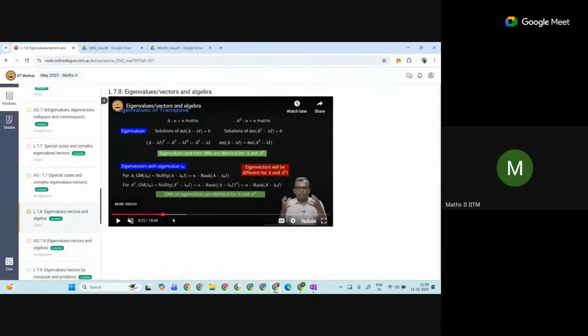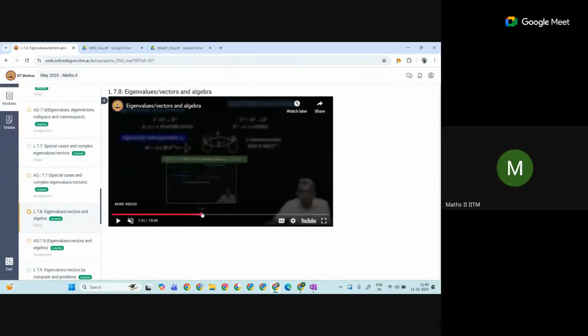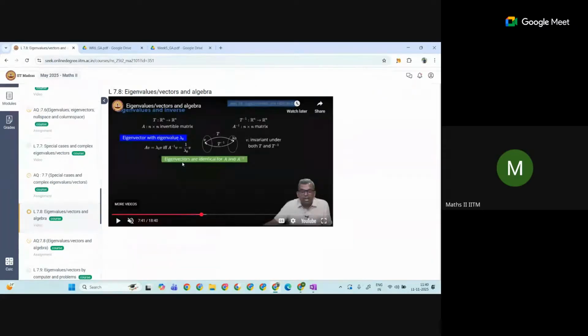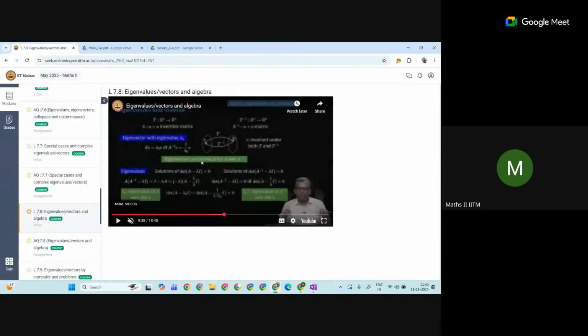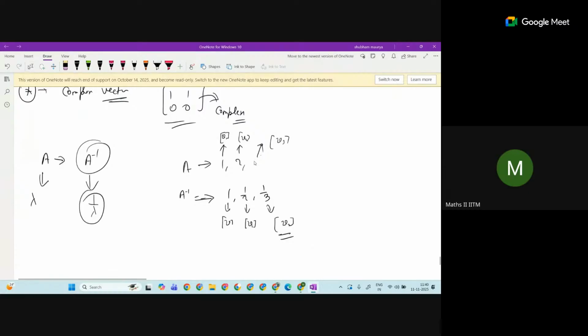Okay, you can see the result here. Eigenvectors are identical for A and A inverse. Identical means they are the same, but the eigenvalues are now going to be 1 upon lambda with algebraic multiplicity k. Let's say here it is 2, 2, so here it is 1 by 2 and 1 by 2. So the algebraic multiplicity is also the same.